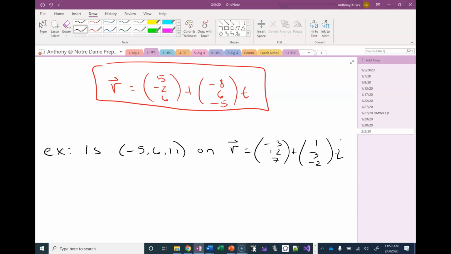So let's determine if this point lies on this line. Okay, so let's try to do this the same way that we did with 2 dimensions.